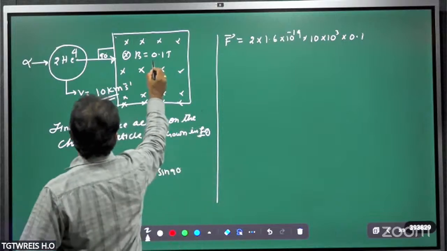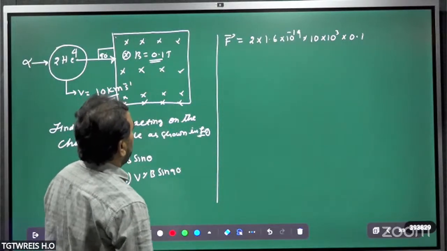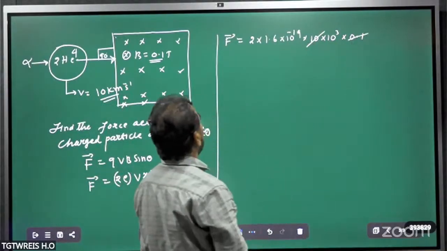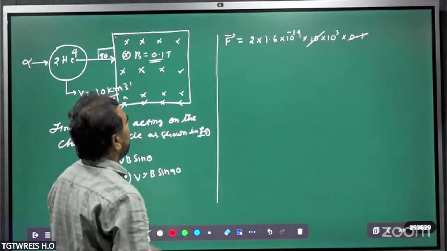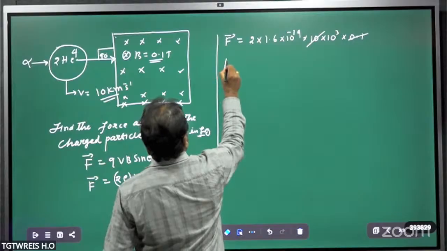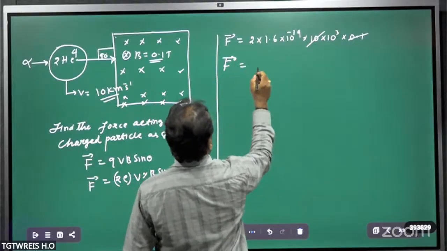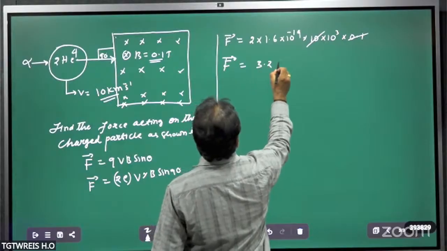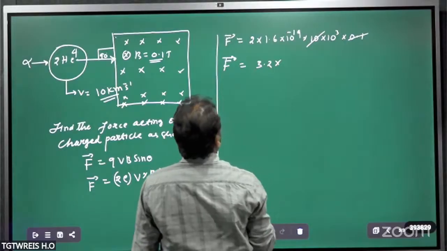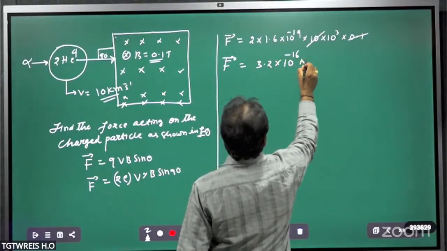Okay. This 10 and 0.1 gets cancelled out. Remaining is 10 to the power of 3 and 10 to the power of minus 19. Therefore, the force acting on the charged particle is 3.2 into 10 to the power of 3 and 10 to the power of minus 19, that is 3.2 into 10 to the power of minus 16 newtons.